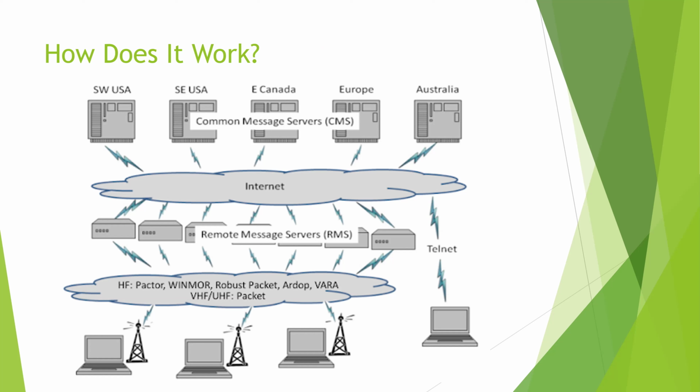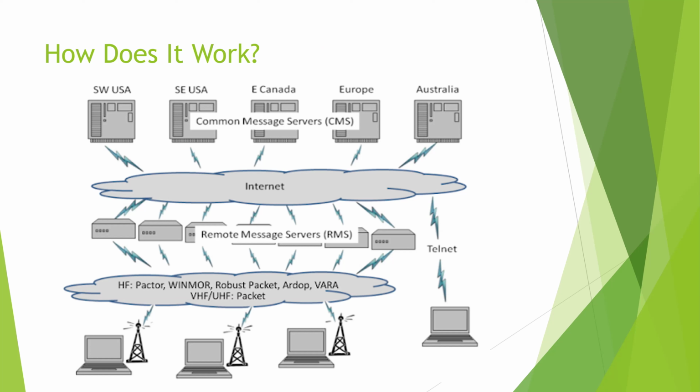And they all mirror all of the information amongst themselves. So if a message gets sent up to the Southwest USA CMS, it will get sent out and mirrored on all of the other ones before it tells you that it's been successfully put on the CMS. Okay. So that's part of the reliability factor.